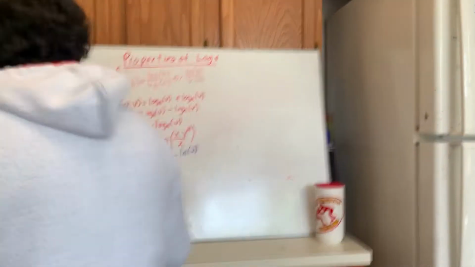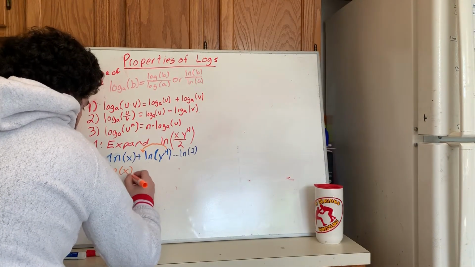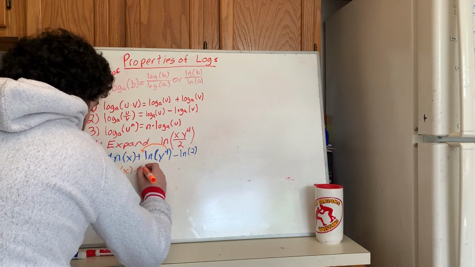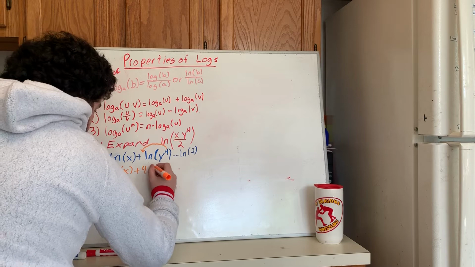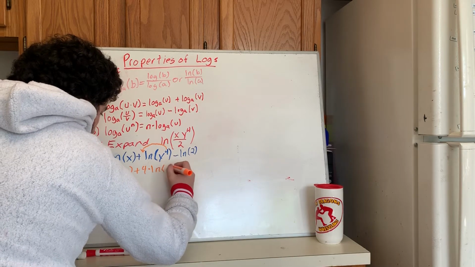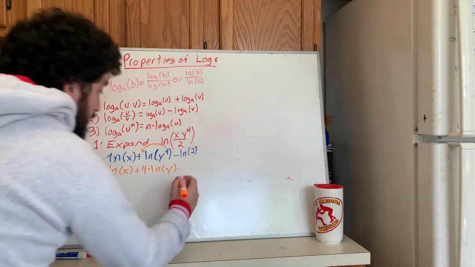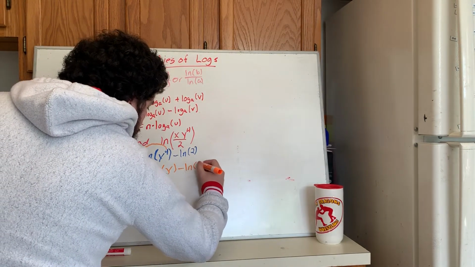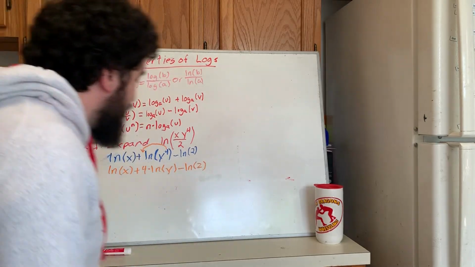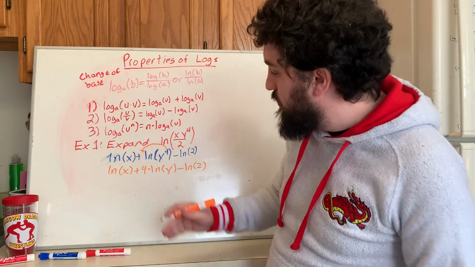So that gives me the ln of x, which stays unchanged, plus, now the 4 becomes a coefficient, so 4 times the natural log of y, minus the ln of 2. And that is fully expanded.